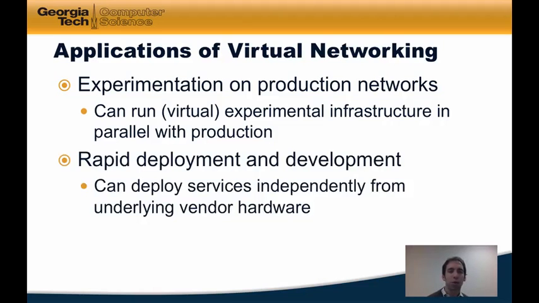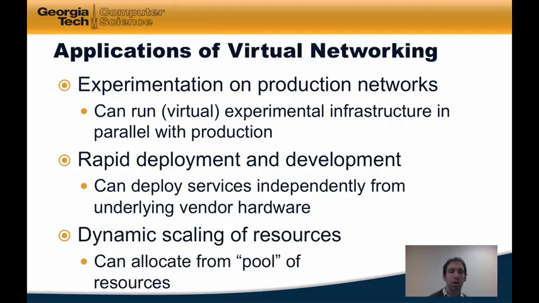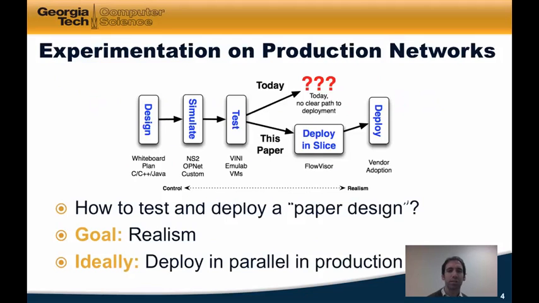We'll also look at how virtual networking enables rapid deployment and development of new network services, and in particular how it allows operators to deploy services independently from the underlying vendor hardware. Finally, we'll look at how virtual networking enables the dynamic scaling of resources by exposing the abstraction of a logical network that is distinct from the underlying physical resources.